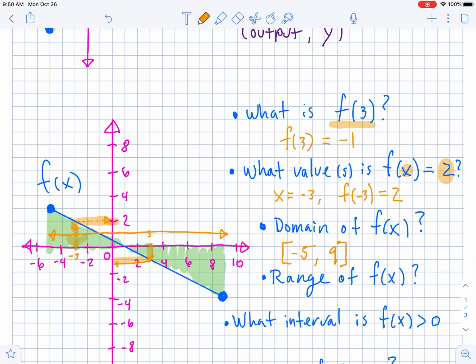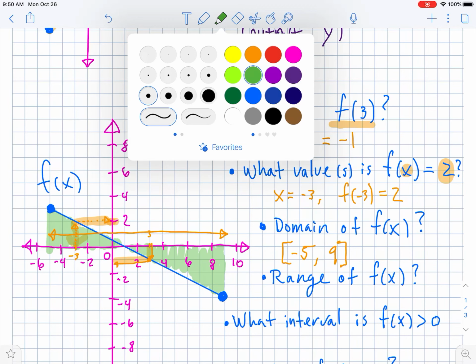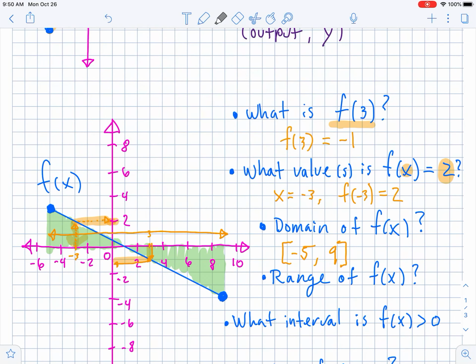What is the range of f of x? I tell my students that you hold your pencil vertically for the domain and hold your pencil sideways for the range. So if I choose a different highlighter, the range of this function, if I just look at the y values, here at the left they touch +3, and then they go down to 0, and then all the way to -4.